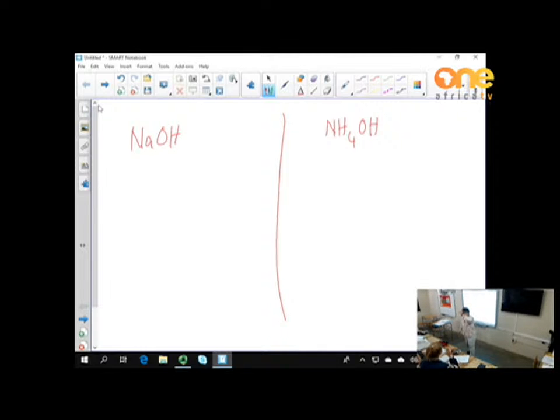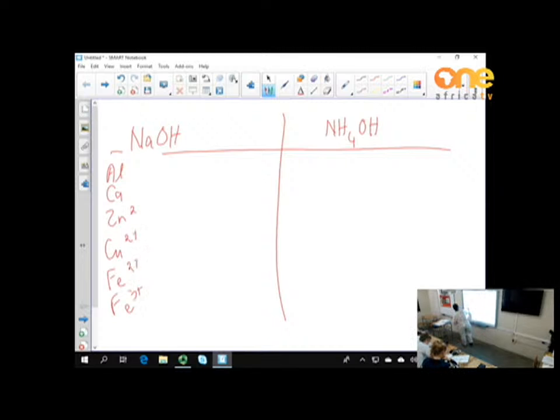And in each case, we found that we got a precipitate or no precipitate. The first metals that we had a look at were aluminium, calcium, zinc. Then we had copper, iron, 3 plus, 2 plus, 2 plus, 2 plus, 2 plus, 3 plus.